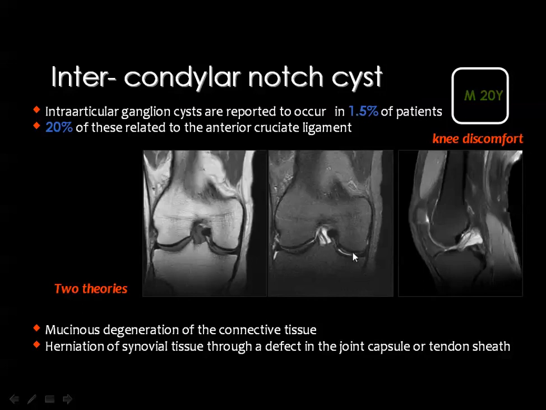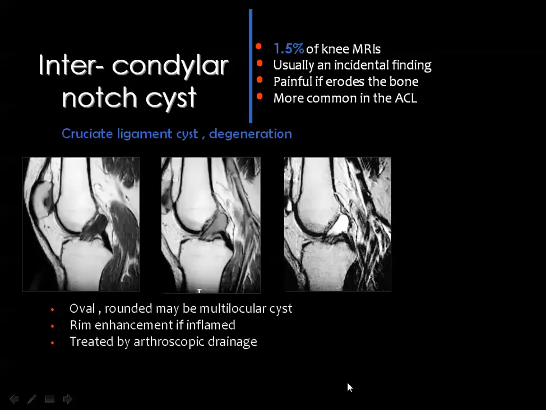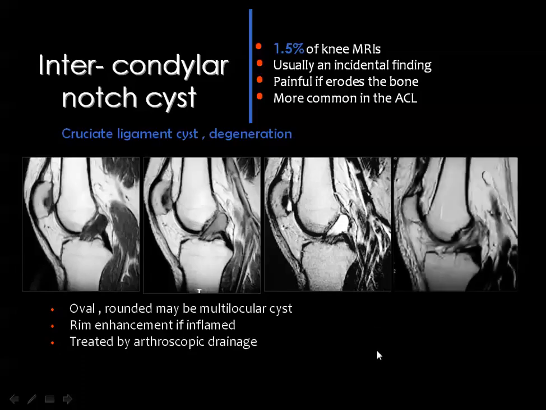This is a good example, T1 and the gradient image, and also here in the T2 weighted image, and you can see the fluid content of the lesion. This is also a good example of the anterior cruciate ligament: low signal in the T1, intermediate in the proton, high signal in the T2. This is the difference between an intercondylar notch cyst and ACL mucoid degeneration.